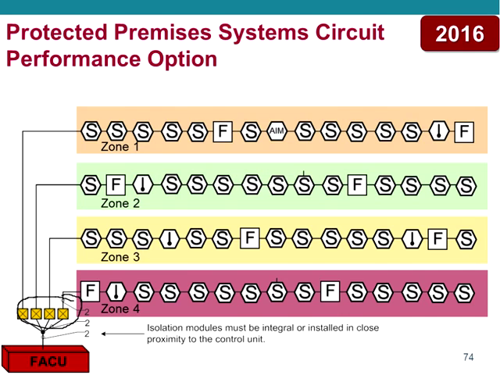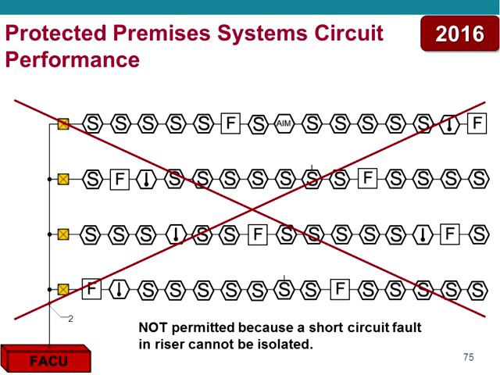I would put these in a smaller cabinet or in back boxes close coupled to the controller. And then you can go out with Class Bs. And that basically is a T-tap right here. Now you can T-tap Class B signaling line circuits. Again, this is stuff that's permitted by code. Well, I'm not telling you which one to use, but certainly it's an option that you have at your disposal.